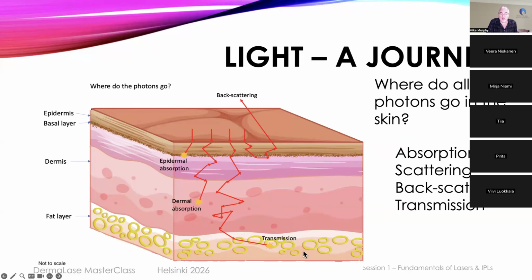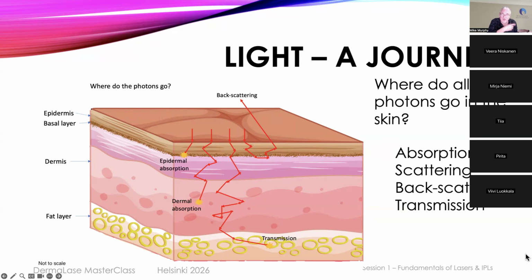And I've discovered just recently that quite a lot of the light which goes into the fatty tissue down here actually does get backscattered into the dermis, much more than we previously thought. So a lot of the original modeling is wrong because people assumed that once the light goes into the fatty tissue, that was it, lost. We couldn't use it anymore. Turns out that's wrong. We can actually get something like 30% of it back, and that is significant.